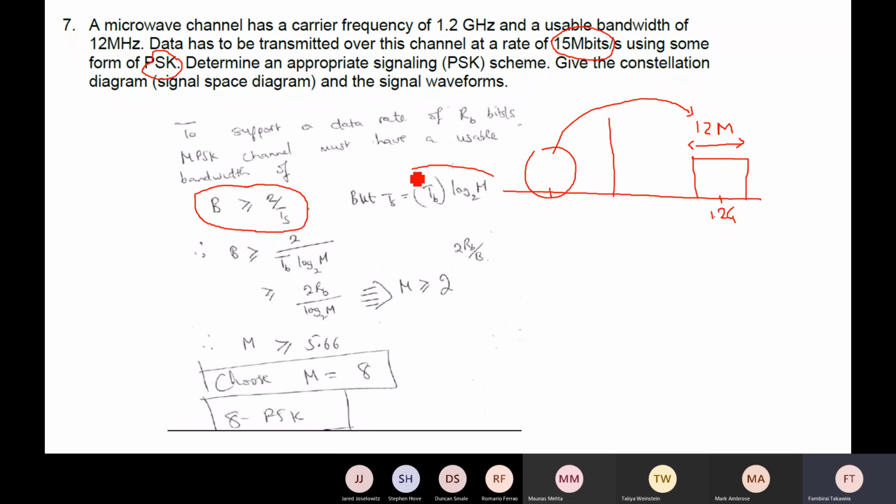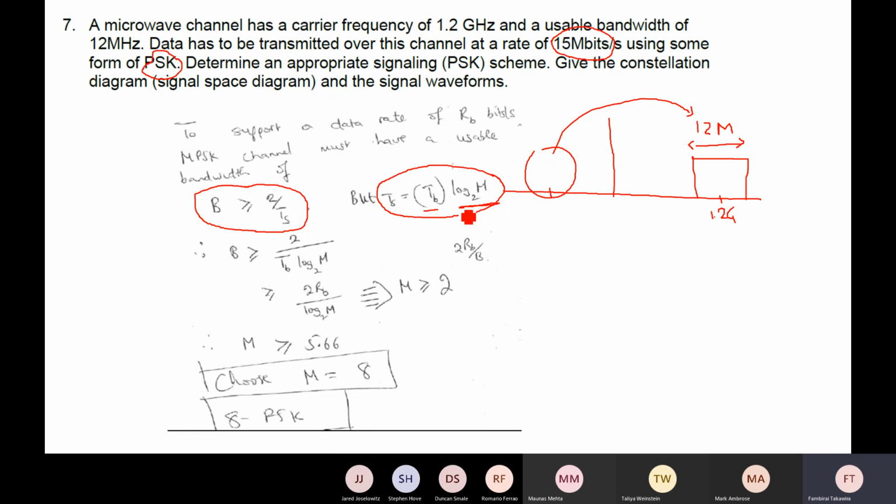But for multi-level signaling, where we are transmitting multiple bits per symbol, the symbol duration Ts would be the bit duration multiplied by the number of bits per symbol. And the number of bits per symbol is log to the base 2 of M. If capital M is equal to 2, then we are transmitting 1 bit per symbol, which is the binary case.